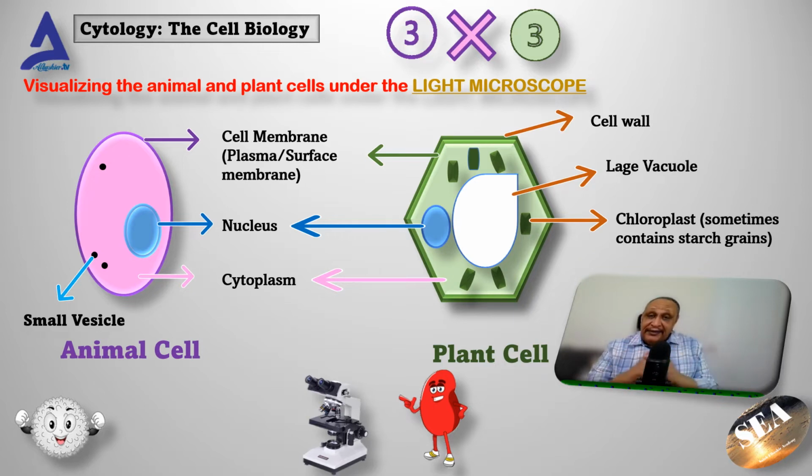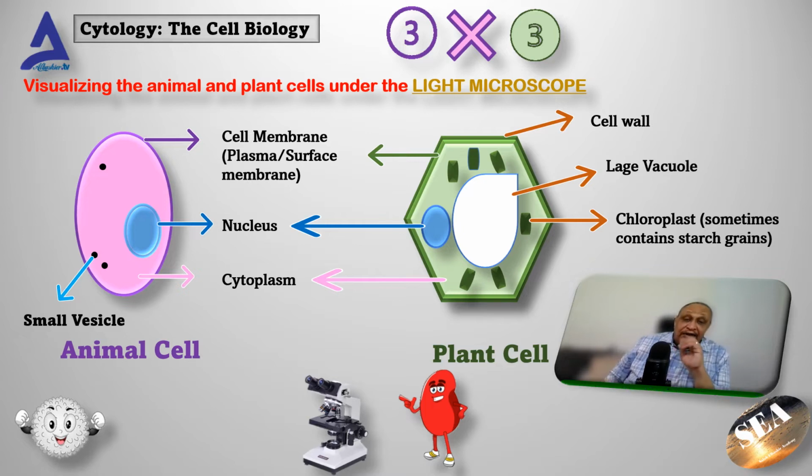But here, the light microscope is very important, and what we are going to see here is just under the light microscope. And why I'm saying 10 lines? Because it always comes in the test, on the exam. You are going to see that.